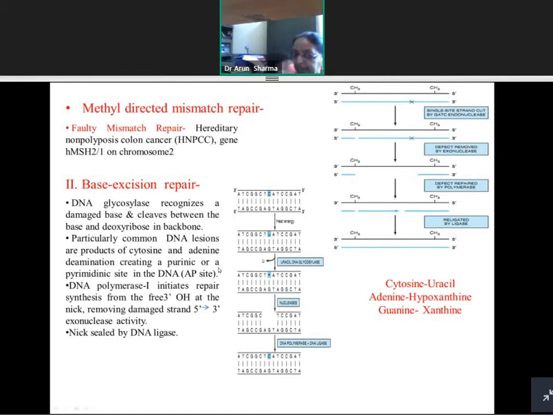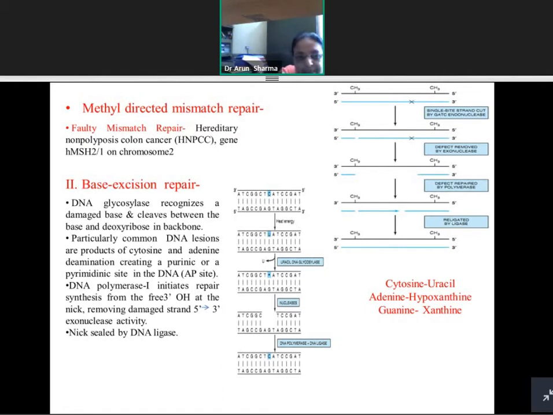That is a site where there is no purine or pyrimidine available because it has been excised or taken away, and that is here. So the uracil molecule has been removed from it, and this has created an AP site. This AP site may be either removal of a purine base or a pyrimidine base.